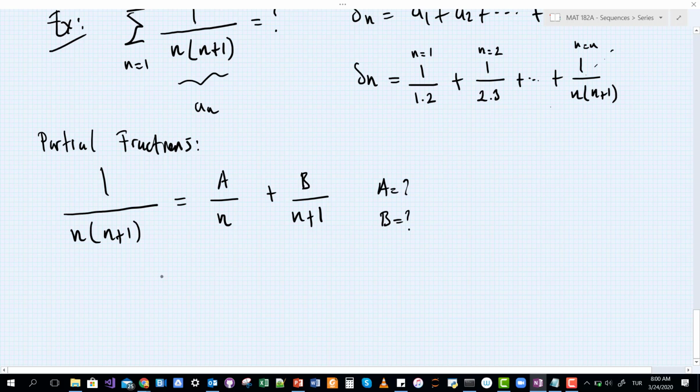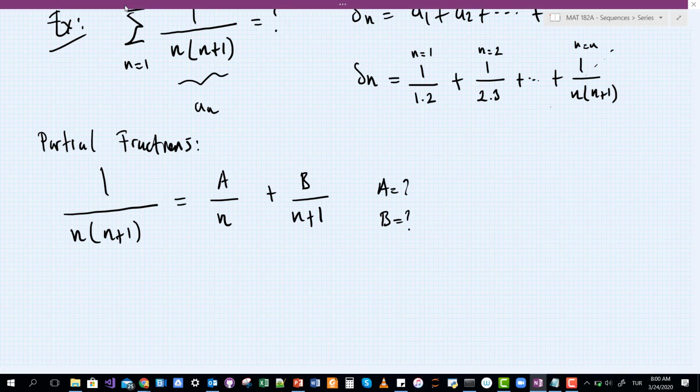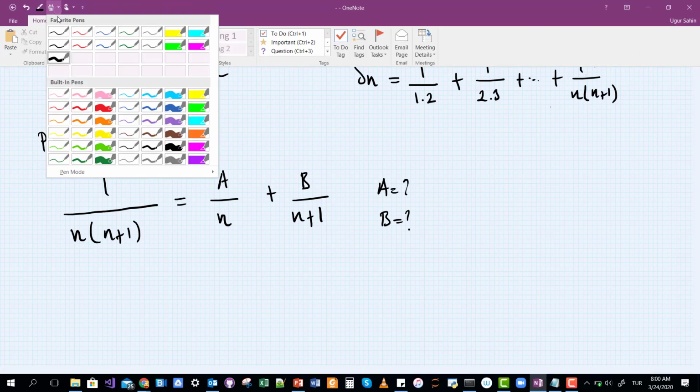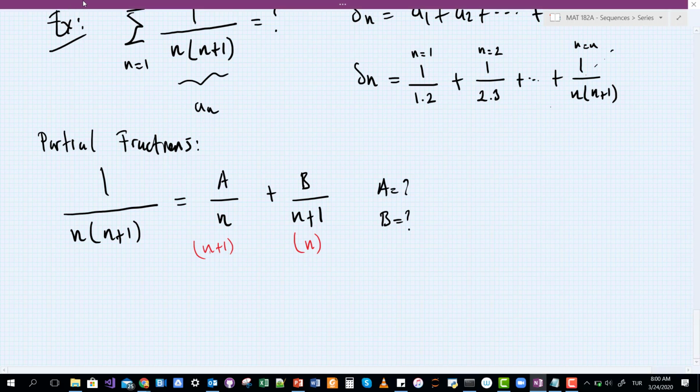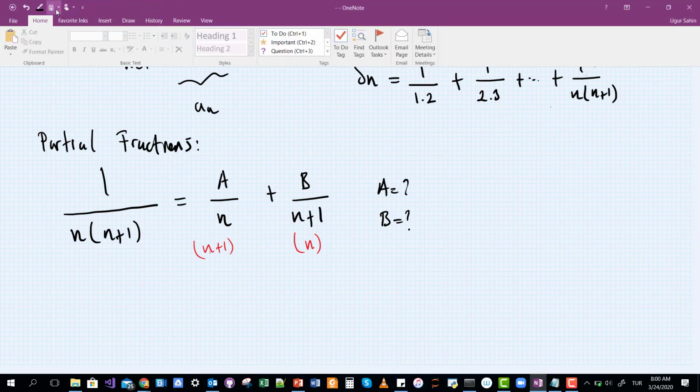To be able to find A and B, look at that. I'm going to do some algebra. I can multiply this by n plus 1, and I can multiply this by n to get the same denominator.